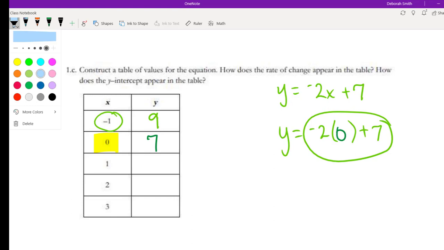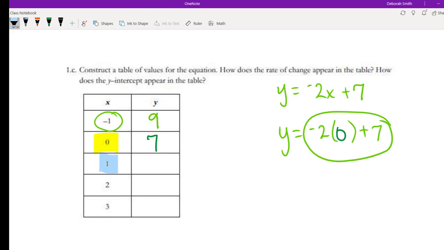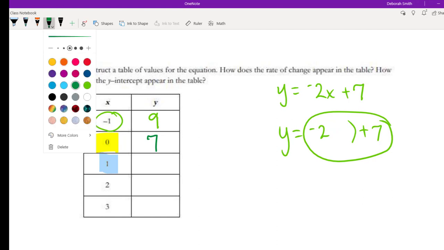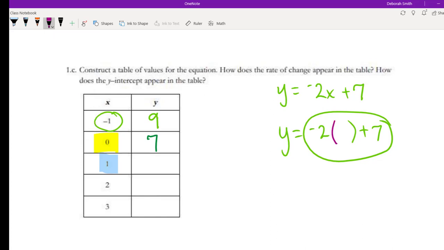New value, I've got positive 1. So this time I'm going to say negative 2 times a positive 1 plus 7. And that'll be 5. And then you continue doing that.